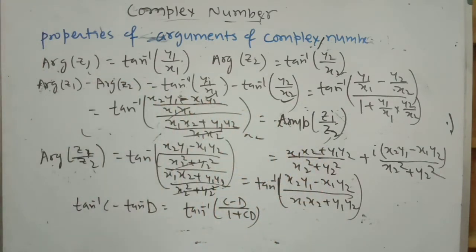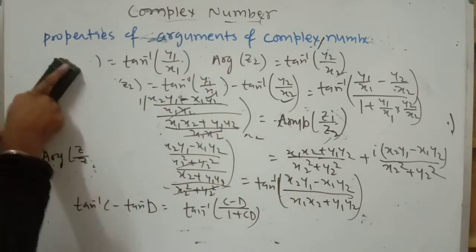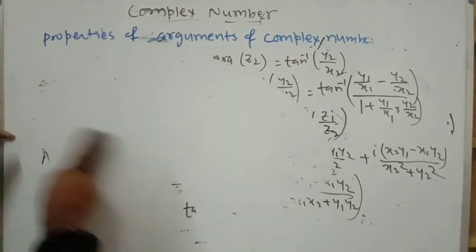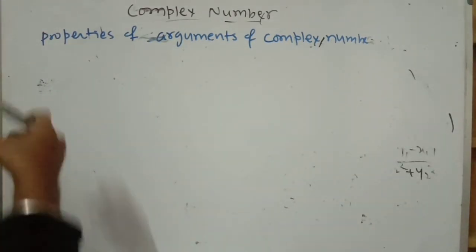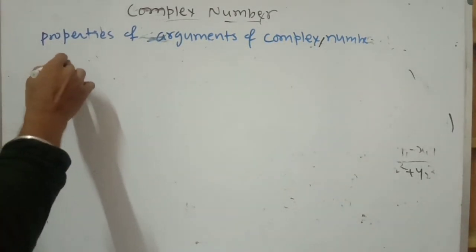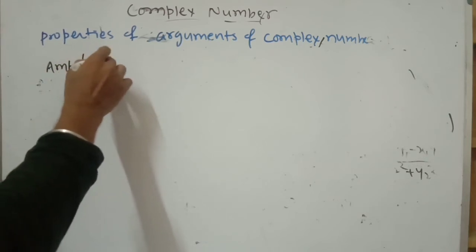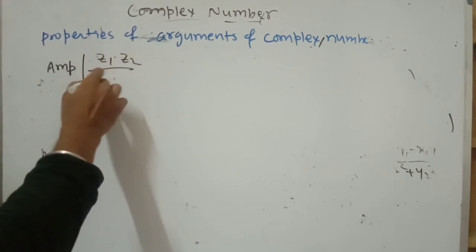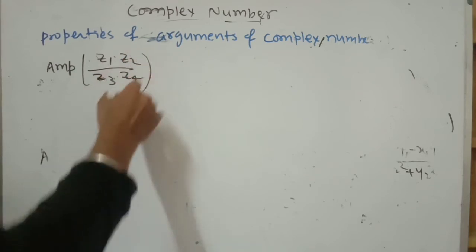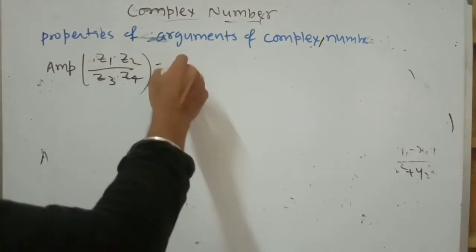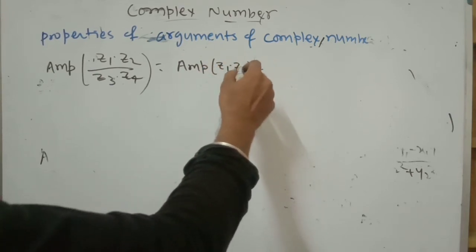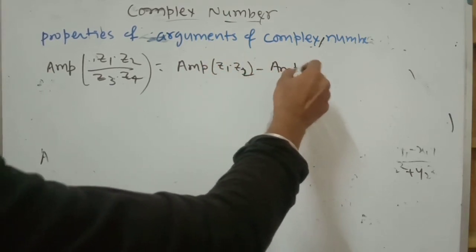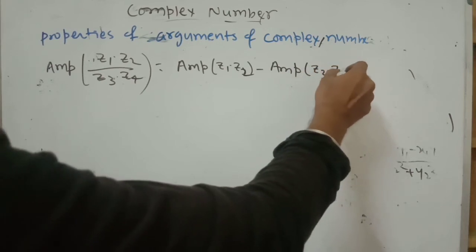Okay, so according to this property you can write, let we are going to find the amplitude or argument of z1 z2 divided by z3 z4. So what can I do? Simply first you break it like this: amplitude of z1 into z2 minus amplitude of z3 into z4.